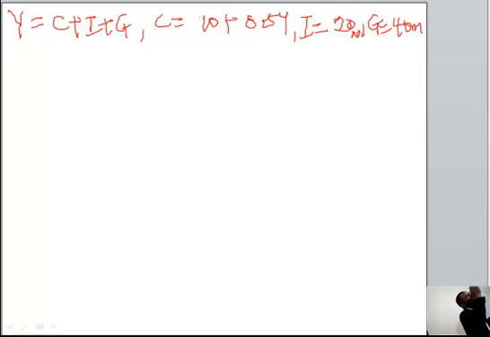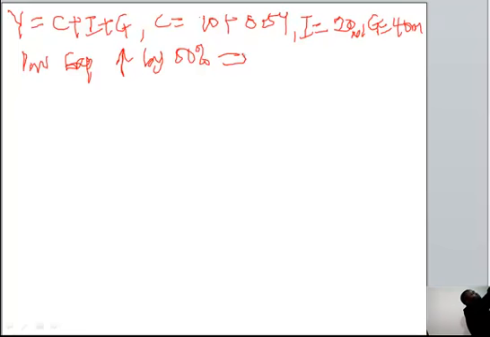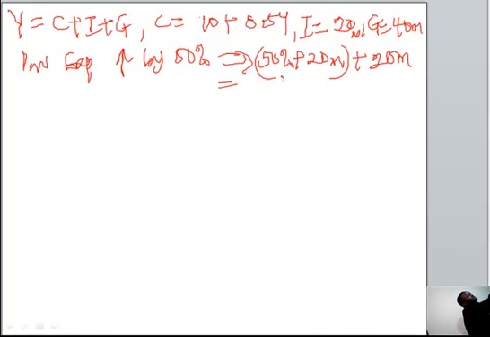So your investment is 20 million, and the government expenditure is 40 million too. But there is one clause that says investment expenditure is increased by 50%. Automatically your investment will now be 50% of 20 million plus 20 million. So 50% of 20 million is 10 million, plus 20, so we have 30 million.